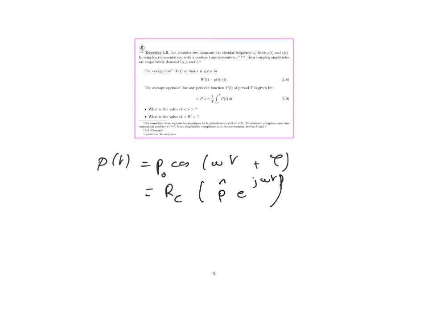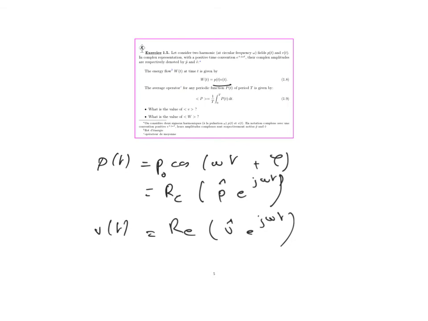And this is the same for v: v of t is the real part of v hat e to the j omega t. Then we want to compute the mean value of v and the mean value of the energy flow, which is the product of p of t times v of t.